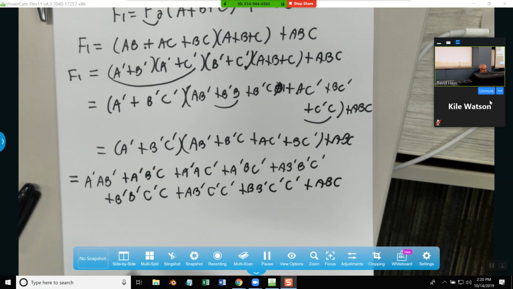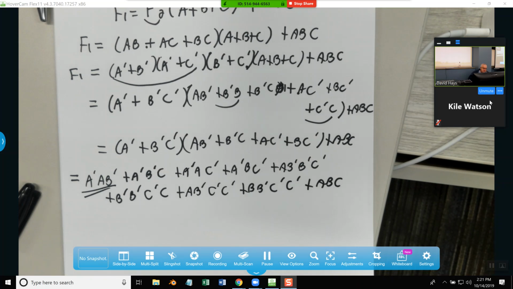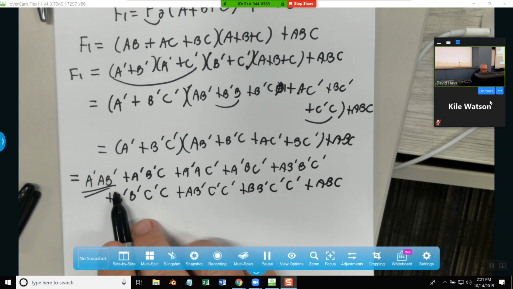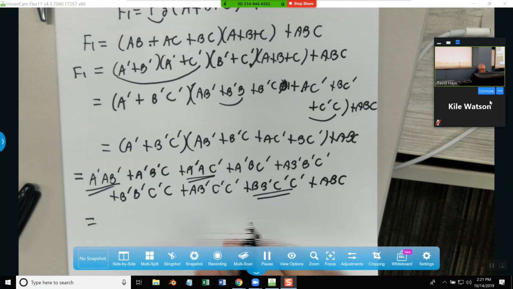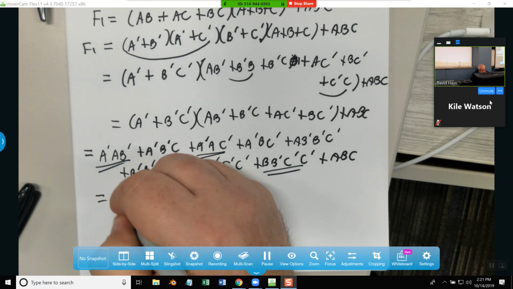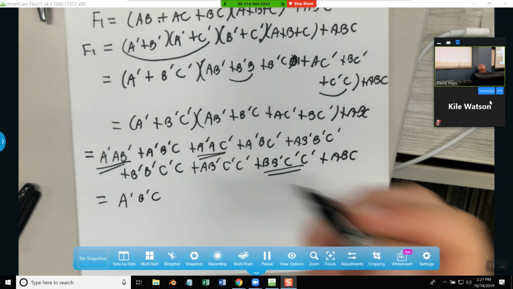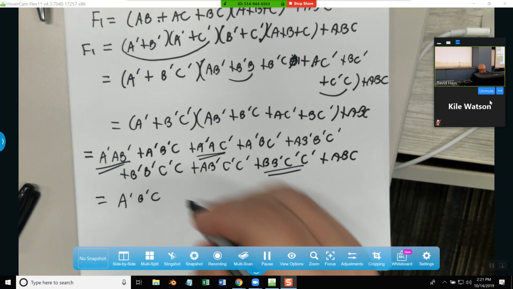Now B prime times B prime from page 47, if they're the same, you can drop one of them. So that becomes A B prime C prime. Here they're the same, so it drops away. C prime C gives us 0, so that drops away. And this would be A B prime C prime, and this would be ABC.